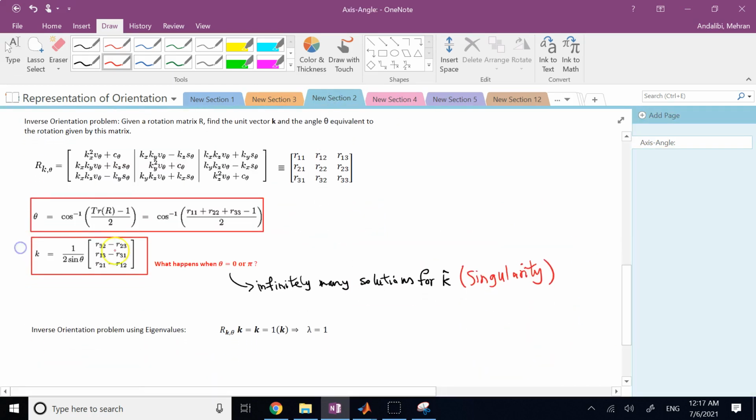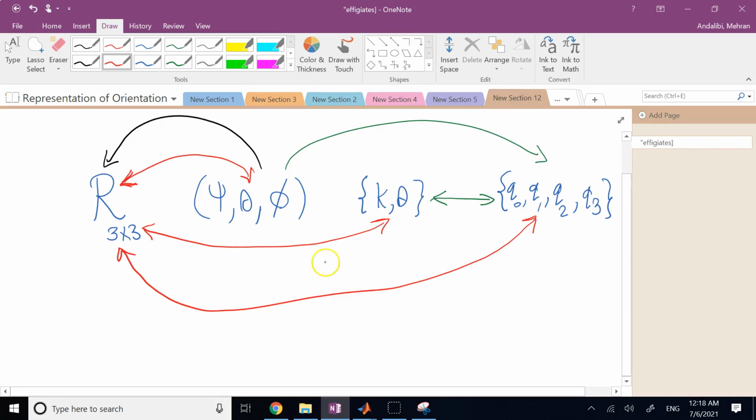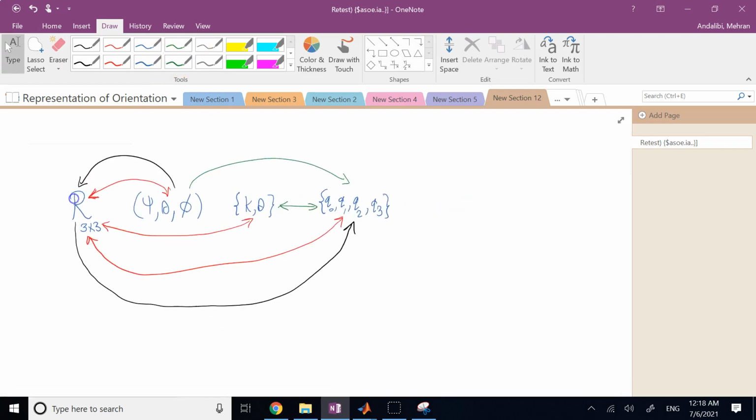This is the inverse for axis angle, and this is the inverse for what? For the quaternion. So I also know how to go back from rotation matrix. So if I want to go from Euler to quat, what do I do? I go from Euler to rotation, and then from rotation, I go to quat. So instead of this green path, I go through these 2 black paths. And the same thing for axis angle, right? Yes? So that's how MATLAB is doing it.